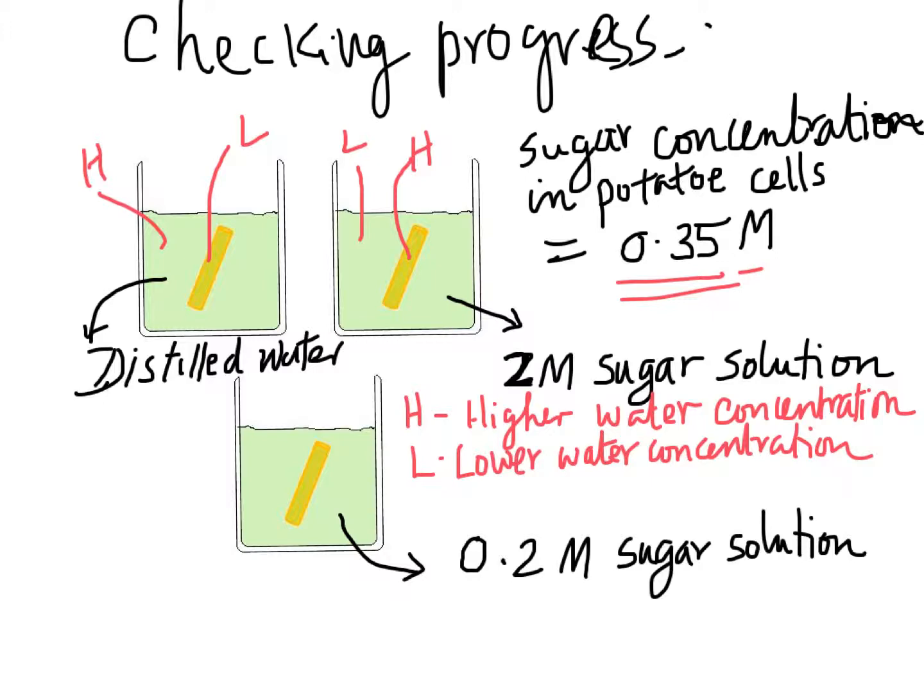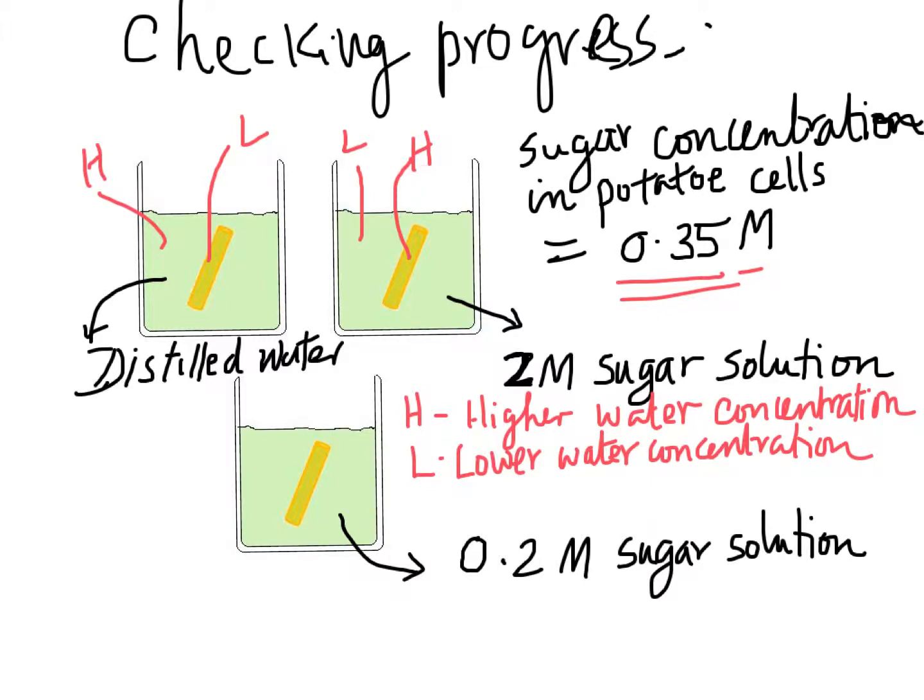You have a concentrated sugar solution here, which means if you have higher sugar concentration here, you will have a lower water concentration. So just bear that in mind. Stronger solutions have less water. So this being a stronger solution, you have a lower water concentration, hence I've written L here. This is a dilute solution, a weaker solution of sugar, which means it's got more water in it, so higher water concentration. I hope that's clear.